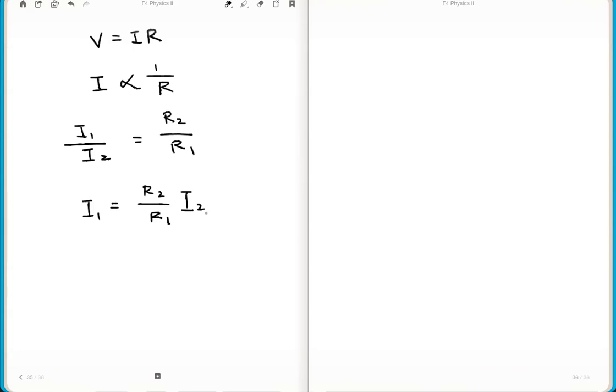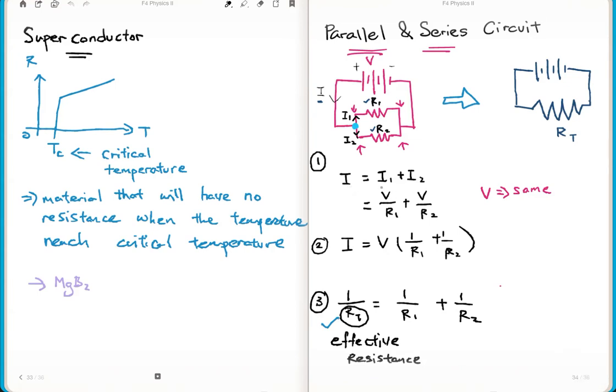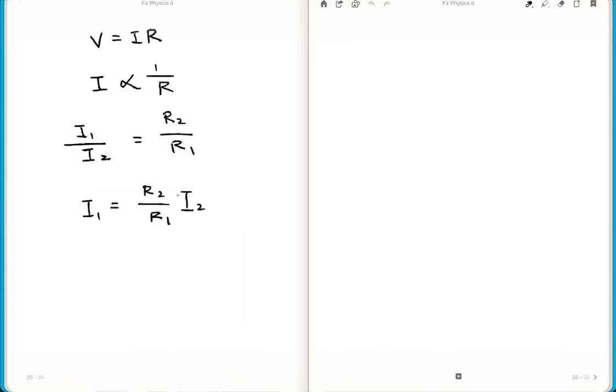Okay, but from our first condition, this is a junction, isn't it? I1 is the total current minus I2. So you substitute that in here for I2.